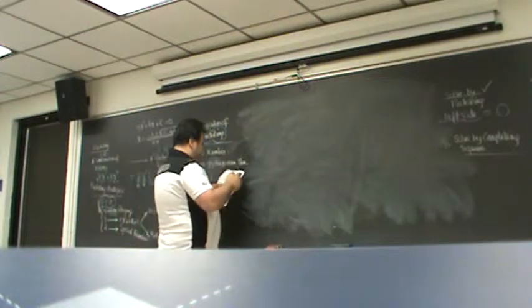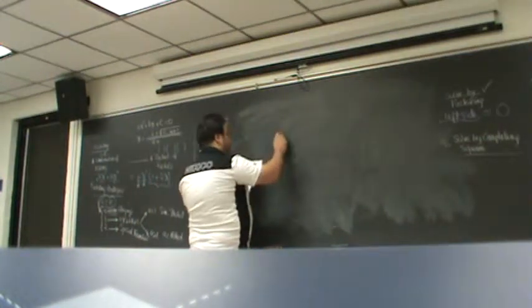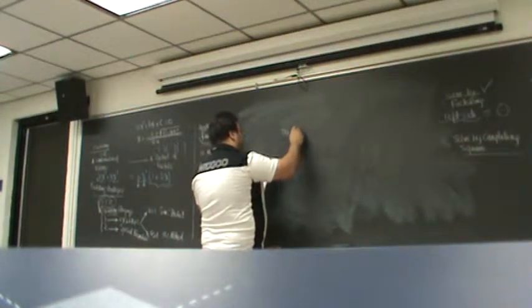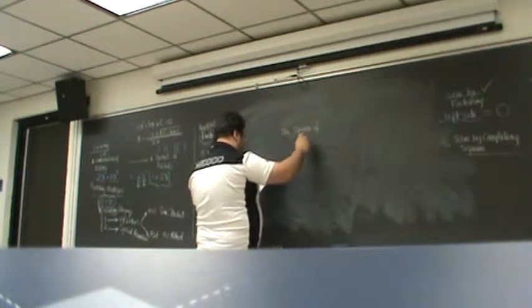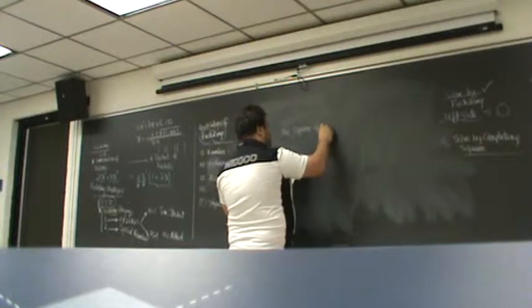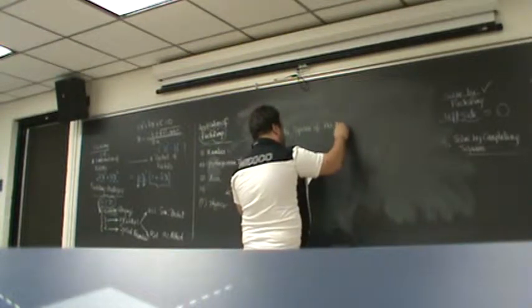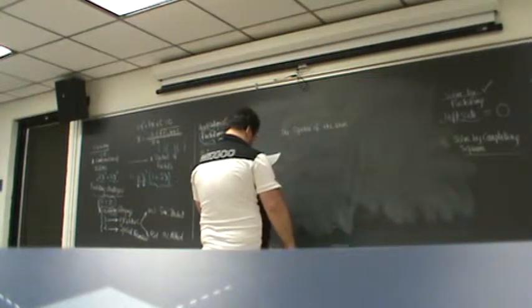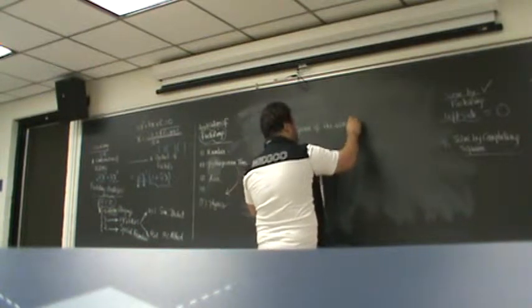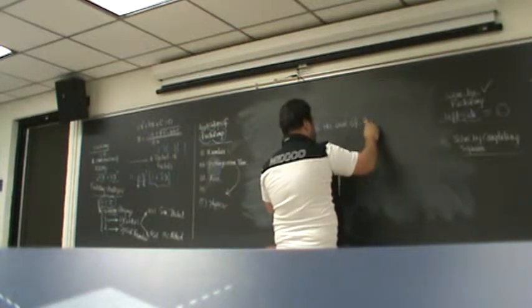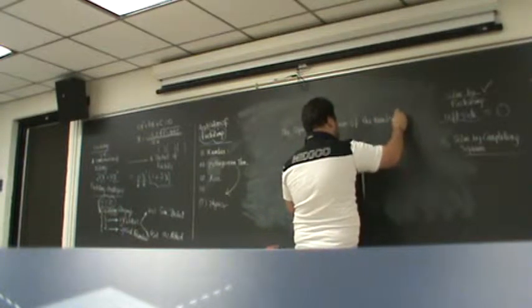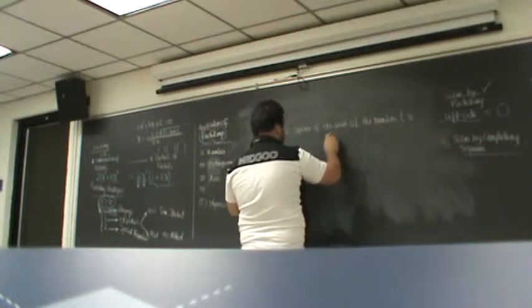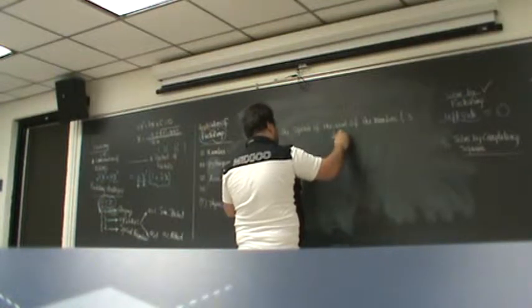The sum of the number. The square of the sum of the number and 3 is 100.